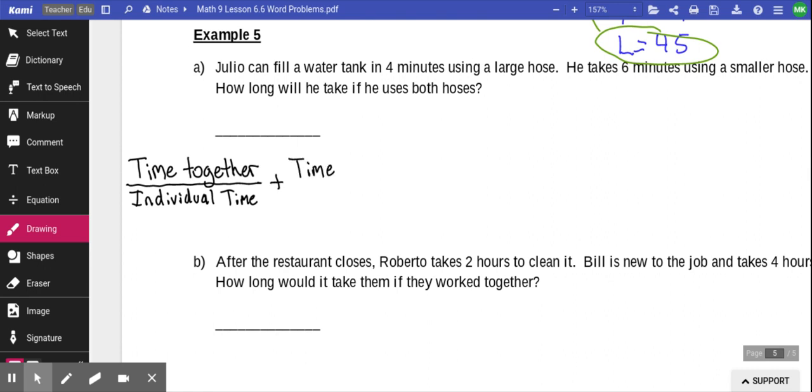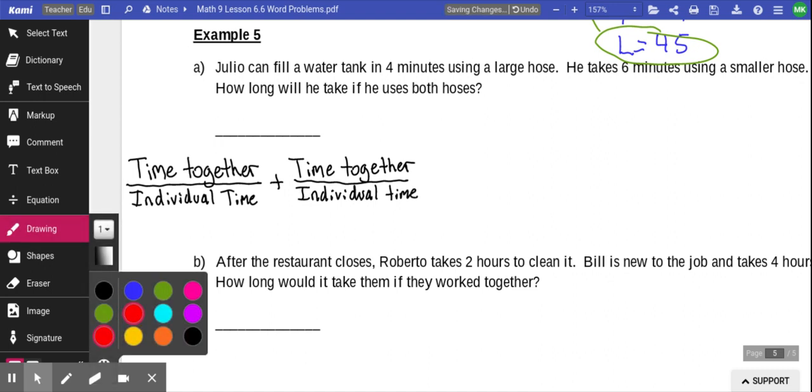In this case, it's two hoses. So we would have time together on the top divided by the second individual time. That's the first individual. This is the second individual.